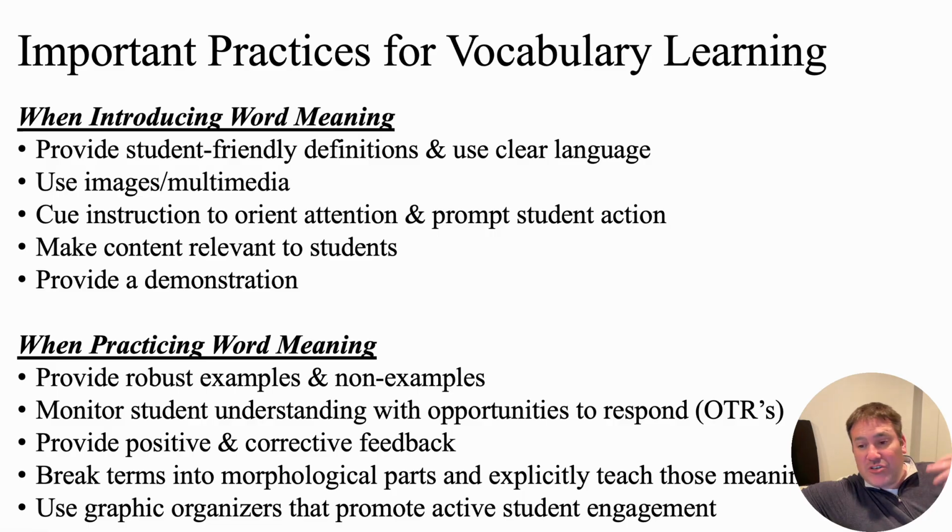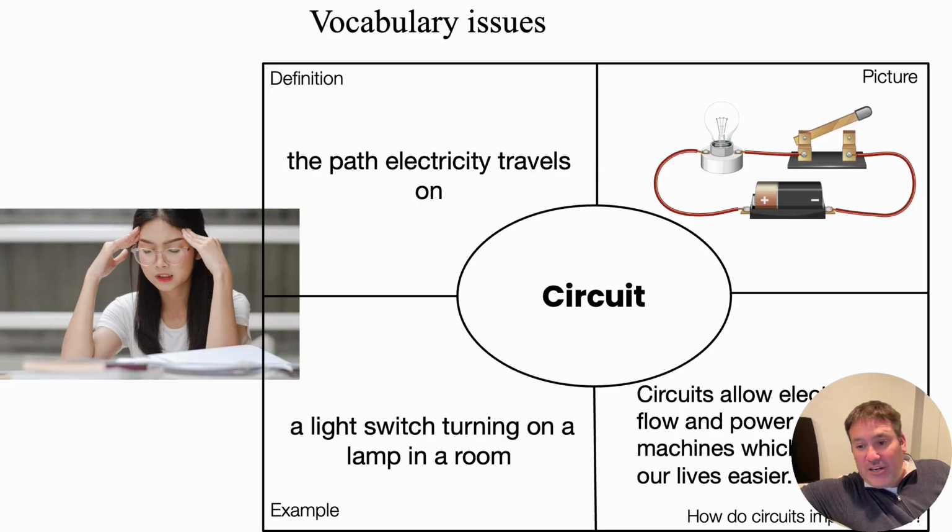I should make sure things are relevant. I want to use a range of examples. I can also use graphic organizers like Frayer models. I can fill this out myself for students that struggle. I can give this to students to fill out themselves so that they would be able to successfully implement as well.